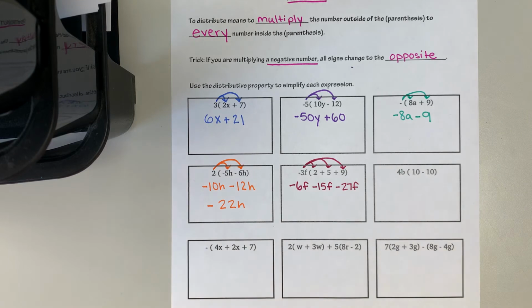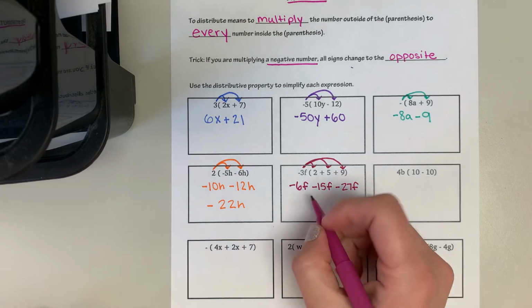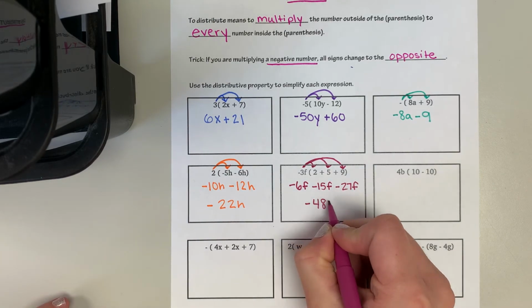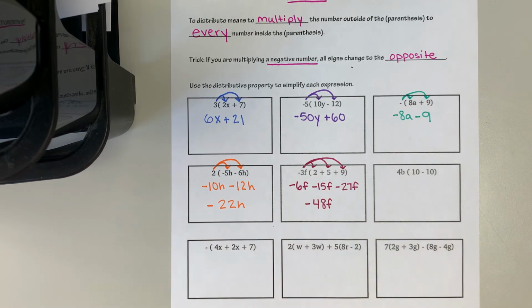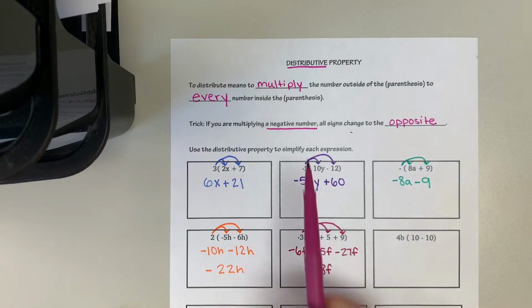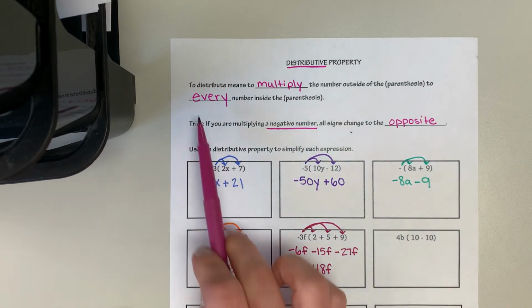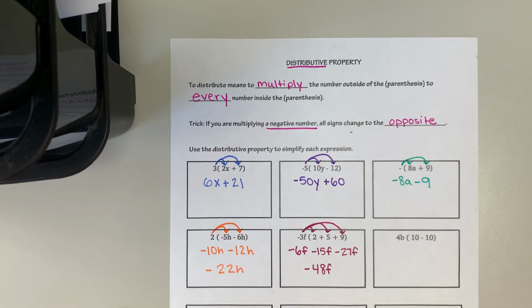Then you would combine all of those numbers together, and remember they are negative, so make sure you say -6 plus -15 plus -27. When you combine them all together, you get -48f.